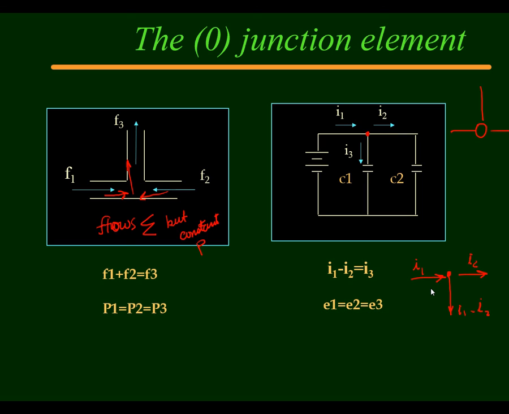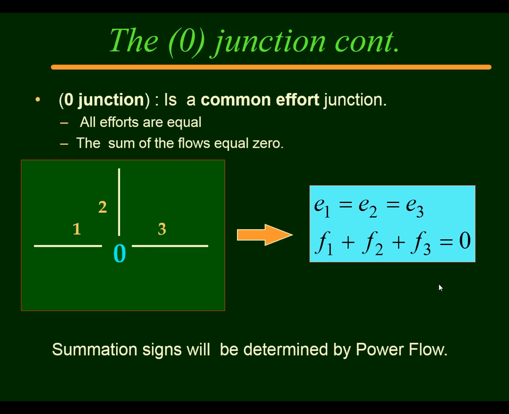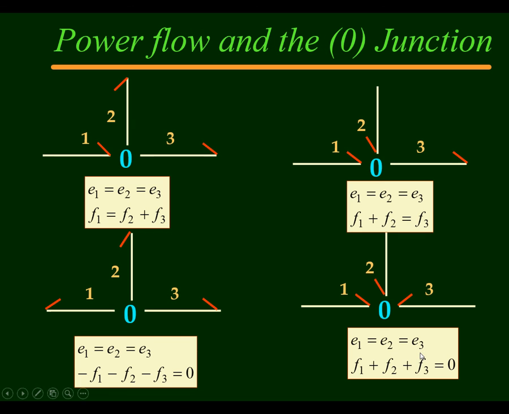And we only have one more to go, which is the one junction. But before we do that, this is another representation of the equations that correspond to the bond graph model. All the efforts are the same, but the flows add up to 0. Then we have different possibilities for this power flow and the 0 junction.